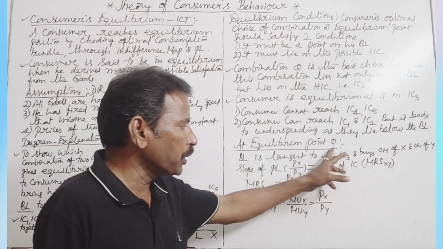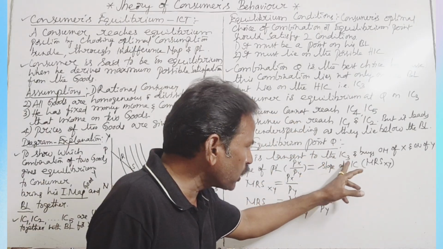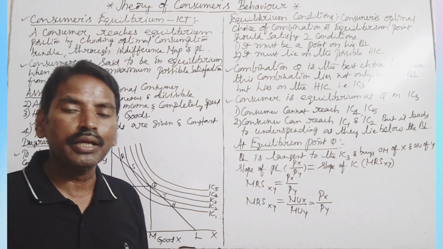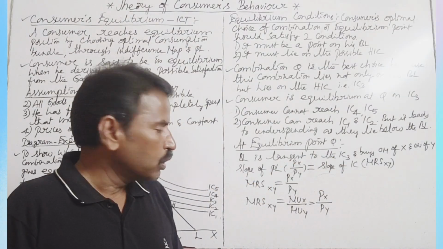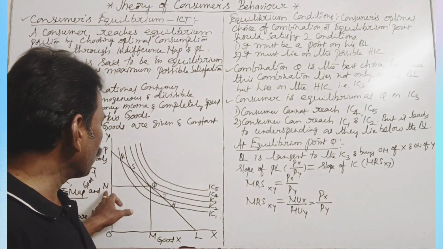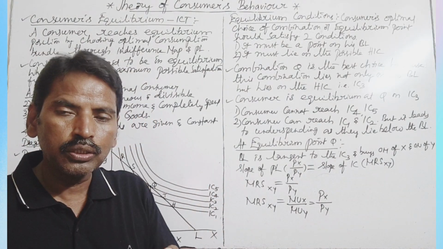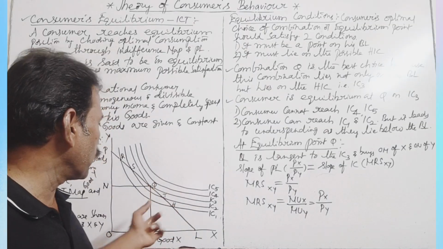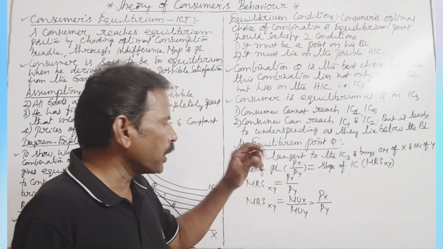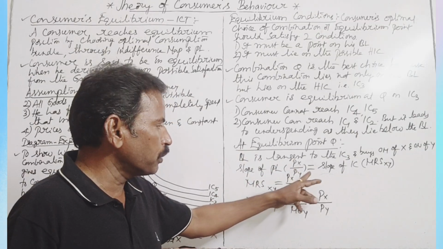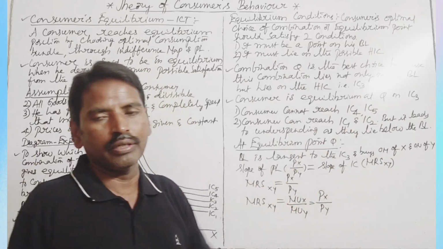At equilibrium point Q, the budget line is tangent to the IC3. Consumer buys OM of good X and ON of good Y. And slope of price line is equal to Px by Py, that is equal to slope of indifference curve, that is MRS XY.